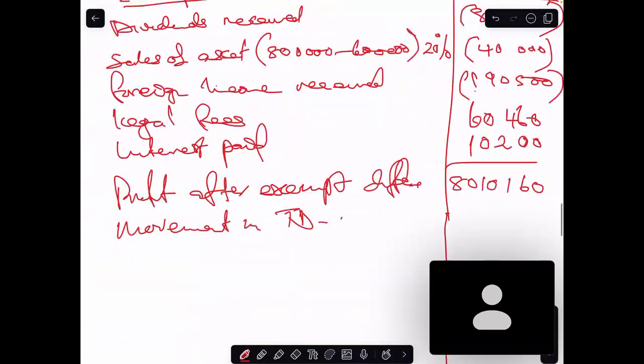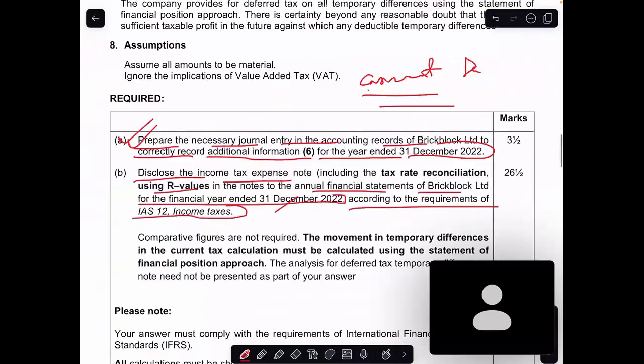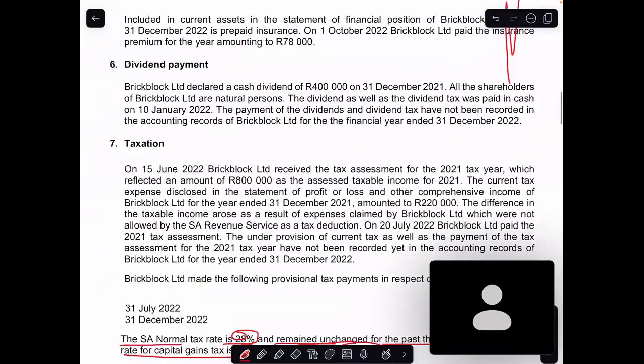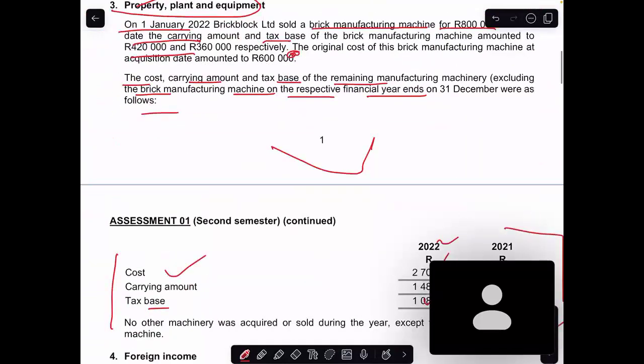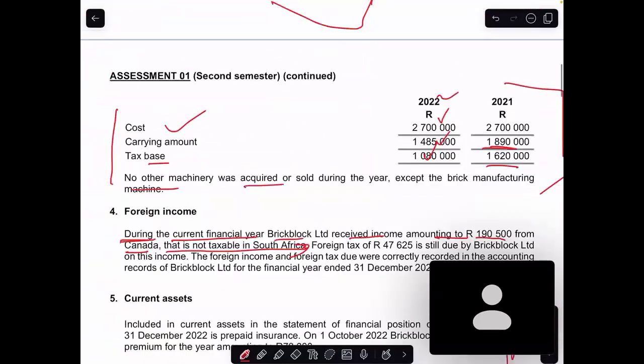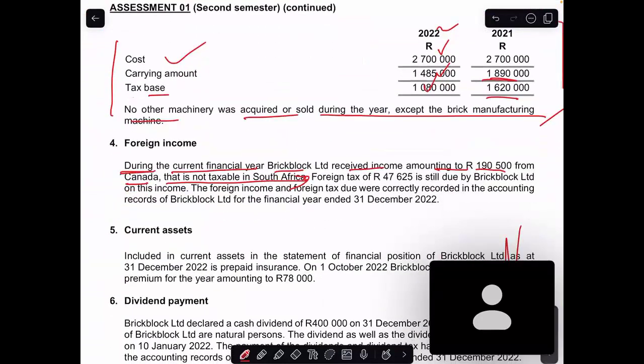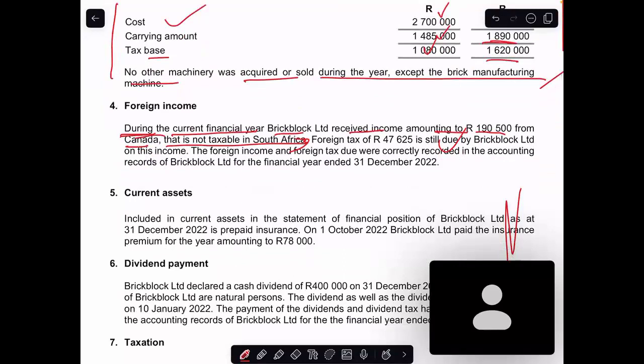We move on to the next one. Right, no machinery was acquired or sold during the current year. Then foreign income. Foreign income during the current financial year received, we dealt with this one. Current assets, included in current assets in the statement of financial position as at 31 December is a prepaid insurance, right?